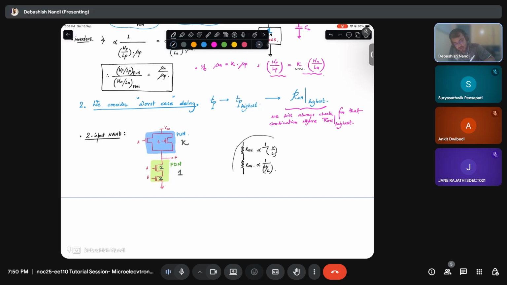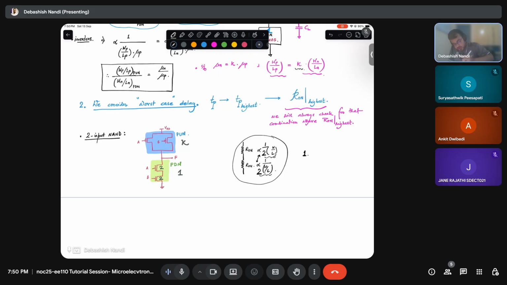To get the overall thing 1, I will make these two half. This half and this half get added, and half means your W by L has to be multiplied by 2. This is what I mean by making it 2.